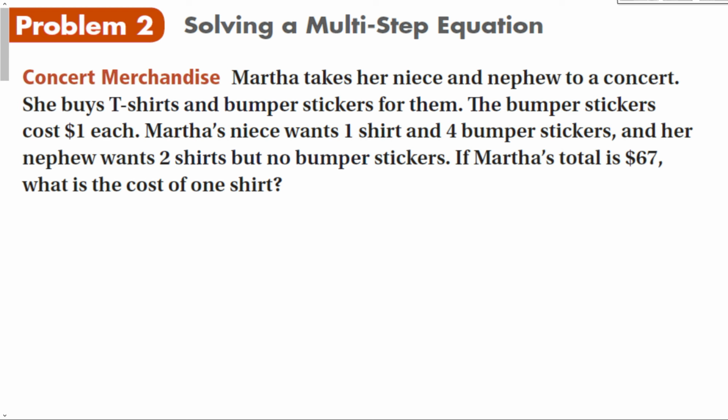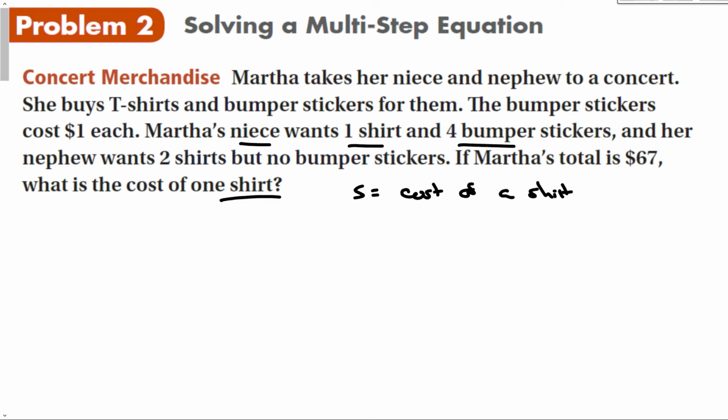Okay, so let's break this down. What am I looking for? That's my variable. How much does a shirt cost? Okay, so we want S to equal the cost of a shirt. Let's look at the niece, what she wants. Martha's niece wants one shirt, four bumper stickers.